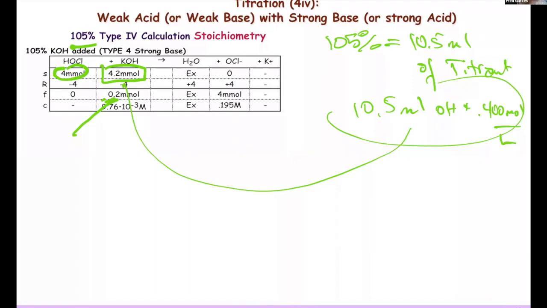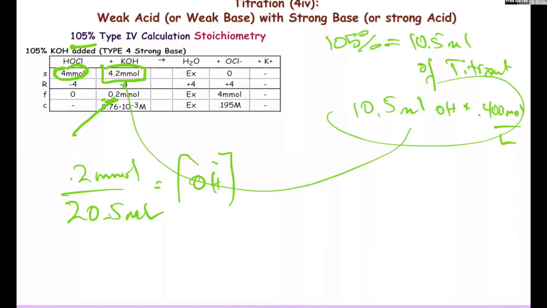If I just take that excess, 0.2 millimoles, and divide by the total volume, which now is 20.5 milliliters, that's the concentration of my hydroxide. If I take 0.2 and divide it by 20.5, I get 9.76 times 10 to the minus 3.